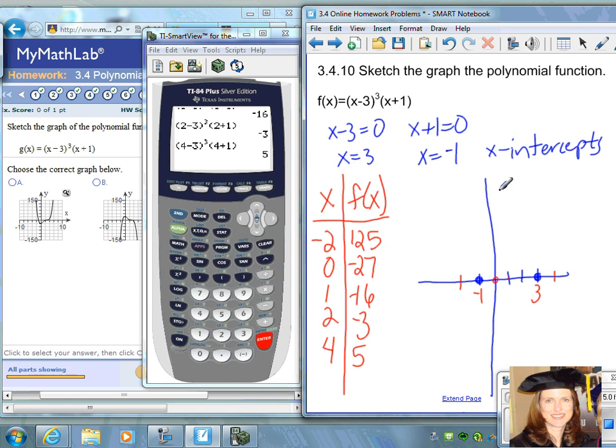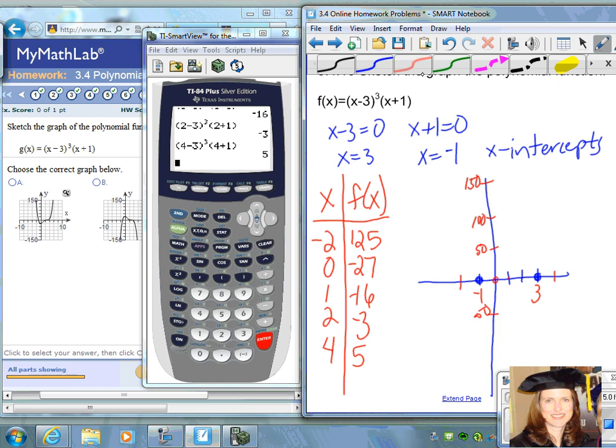So if I go by 50s perhaps, if I go 50, 100, and then 150, that is going to be a large enough scale so that we can see this point here. And then it'll be negative 50, negative 100, and so on.